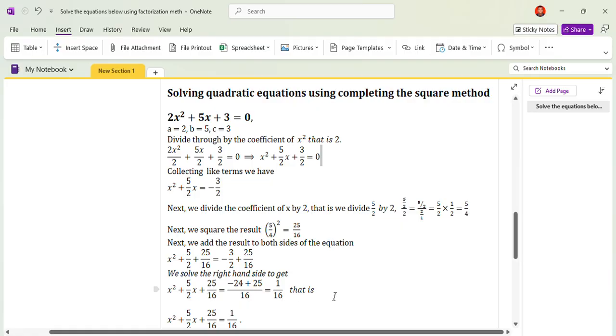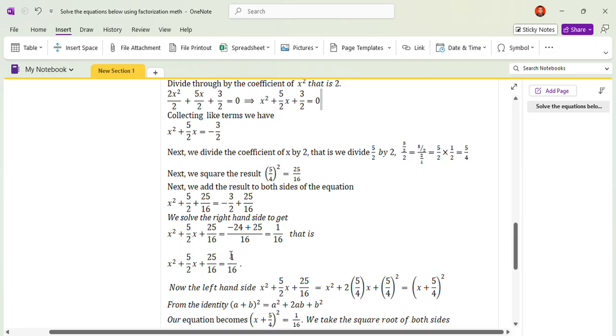So that means everything becomes x squared plus 5 over 2x plus 25 over 16 equals 1 over 16. So we have solved the right hand side to get 1 over 16.